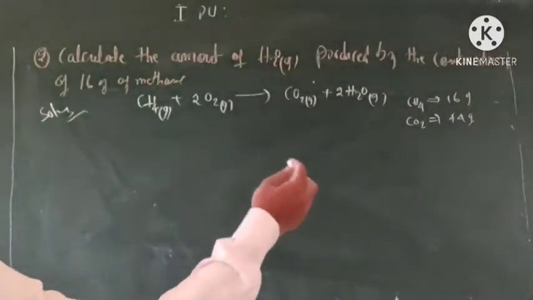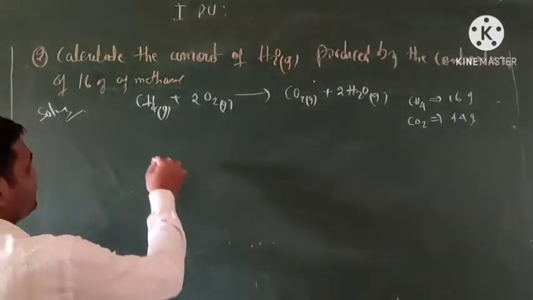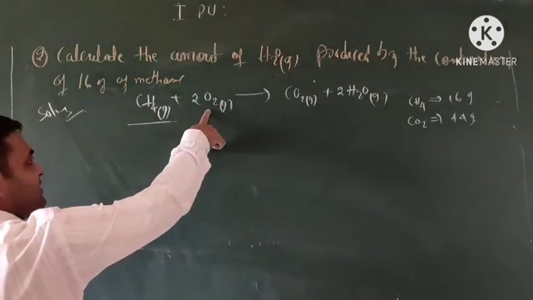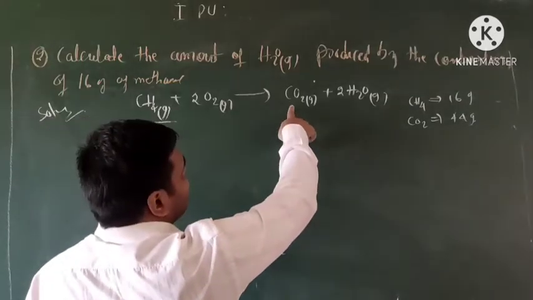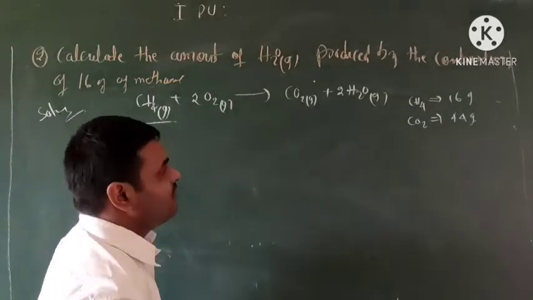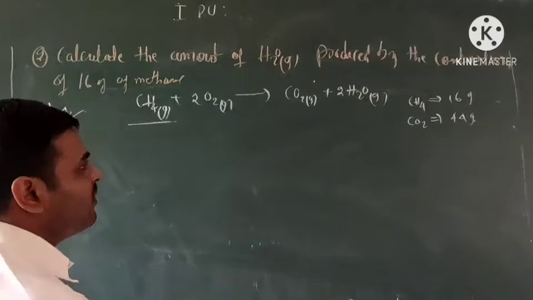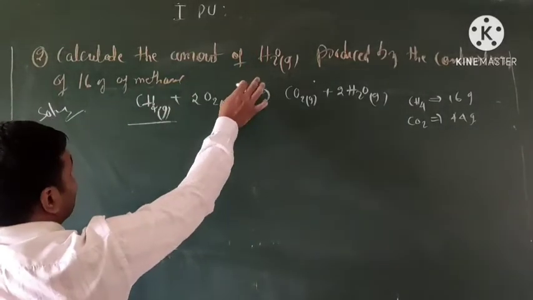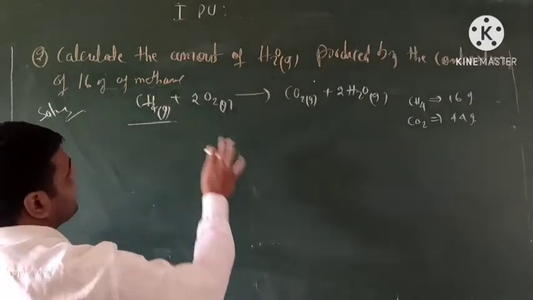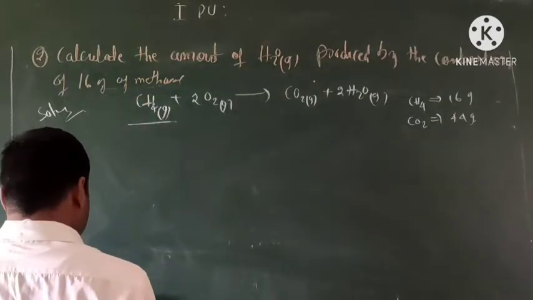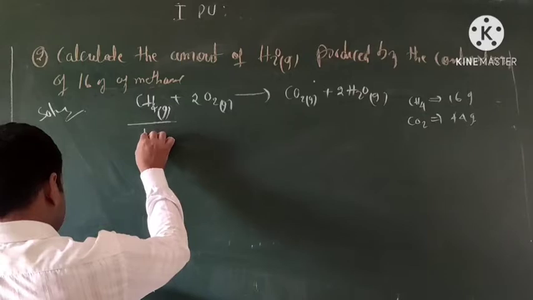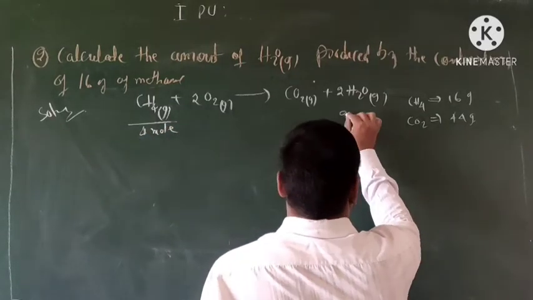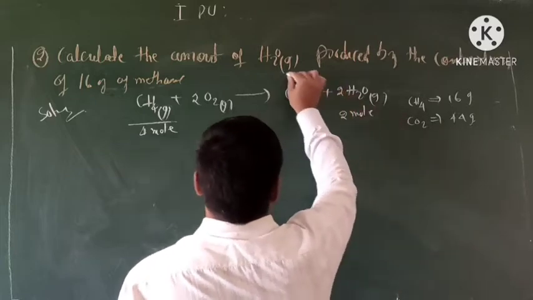Okay, we already know the equation: CH4 gas plus 2 oxygen gives carbon dioxide and water molecules. Okay, what values do you have? In the combustion, 1 mole of methane gives 2 moles of water.